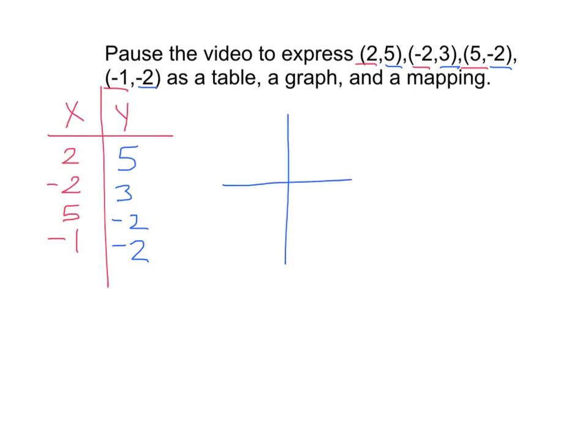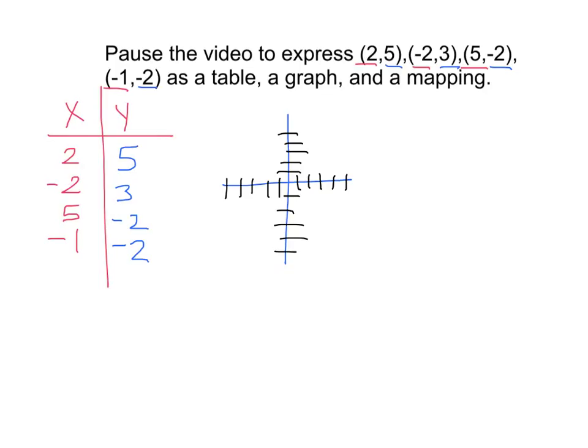So now if we want to draw our graph, we have our x and our y axis. I'm going to make some counting points here: 1, 2, 3, 4, 5. Now, if we look, the first ordered pair is 2, 5.